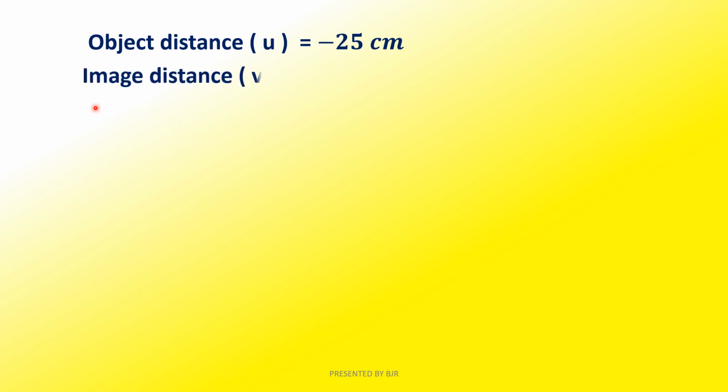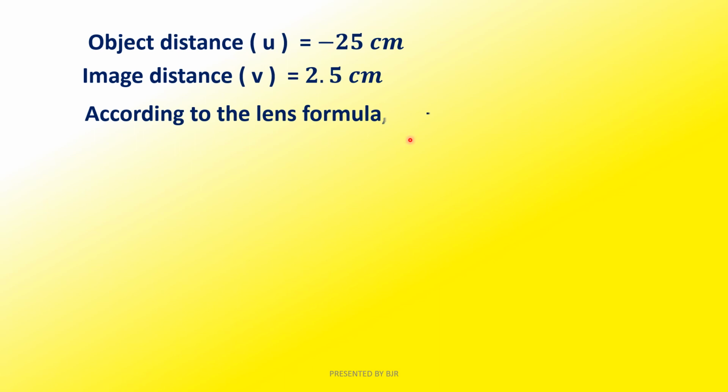So here object distance u equal to minus 25 centimeters and the image distance v equal to 2.5 centimeters. It is fixed all the time. According to the lens formula, 1 by f equal to 1 by v minus 1 by u.